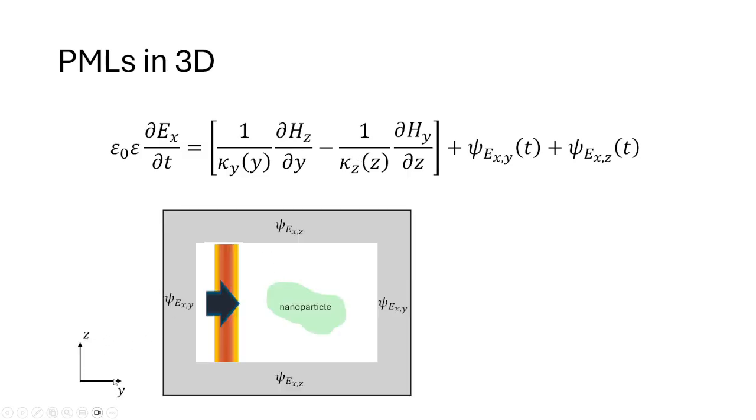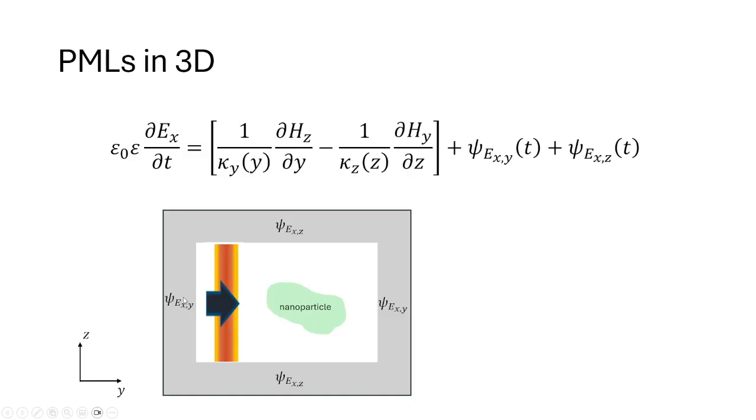Right, so this is what that looks like here. You can see here's a 2D simulation domain, with y being the propagation direction and z being the upward direction. And you can see that we're going to have this psi EXY in the left PML and the right PML, and we're going to have this psi EXZ in the up PML and in the down PML.